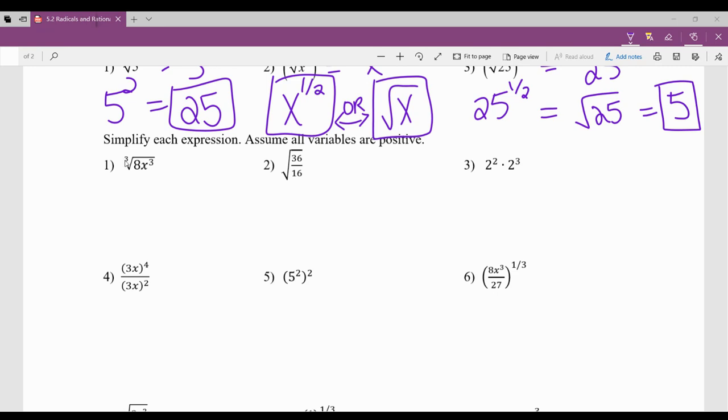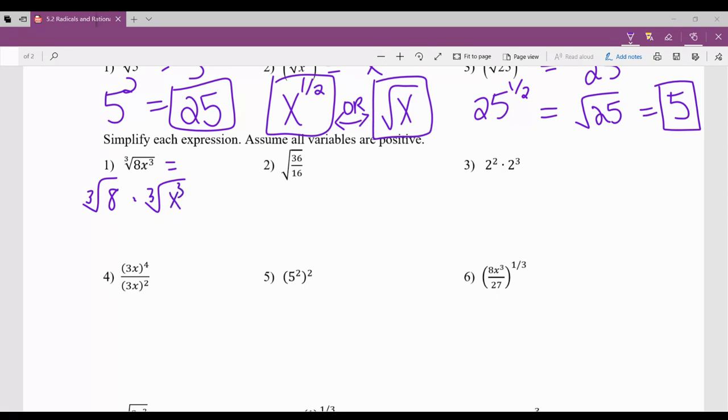All right, so number 1, we've got two things being multiplied inside of a root. Because they're being multiplied inside a root, I can do the root to both things. So I can do the cube root of 8 times the cube root of x to the 3rd.